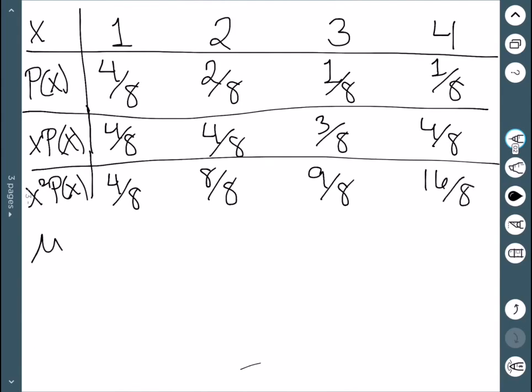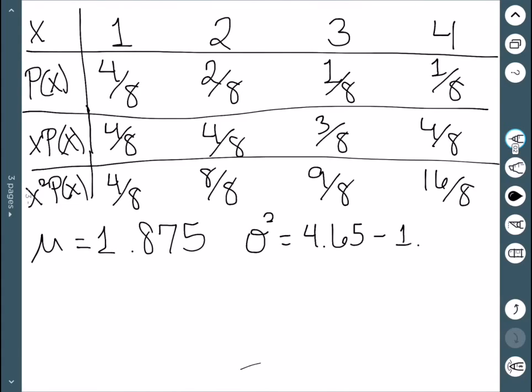My mean then comes from adding that third row. 4 plus 4 plus 3 plus 4, all over 8, gives us that our mean is 1.875. Standard deviation then comes from starting by adding the last row, 4 plus 8 plus 9 plus 16, all over 8, which is 4.65, and then we subtract the mean squared.